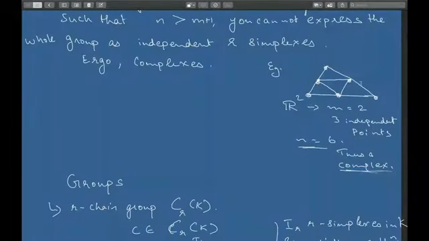An r chain means a collection of all these. So if you have r defined as two, and you want two chains from this particular complex, then it is a collection of all these triangles that we form here. If you want one simplexes, then it is a collection of all the line segments, basically, right?